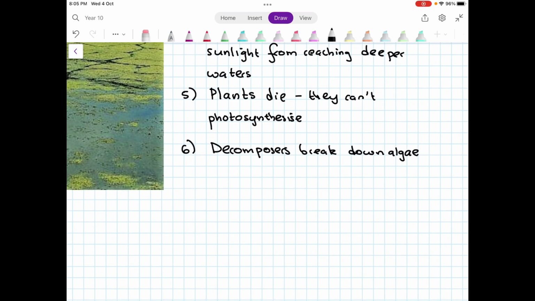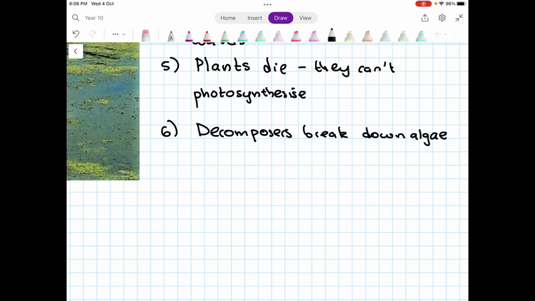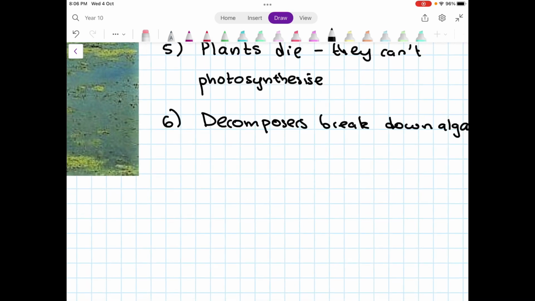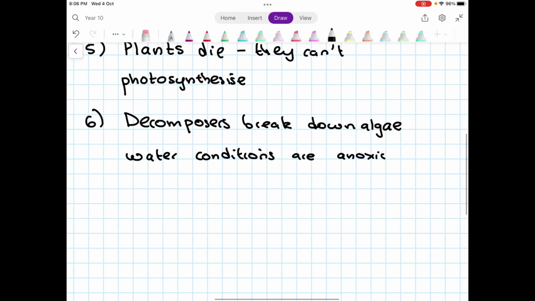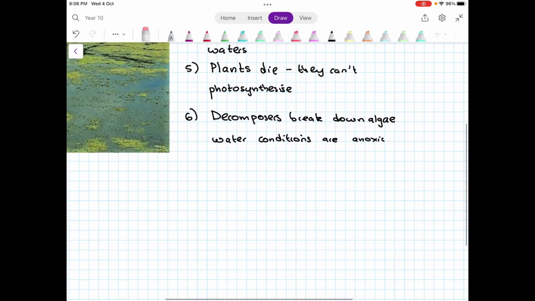So what this results in is that conditions in the water become anoxic. So decomposers break down algae, water conditions are anoxic. Anoxic just means absent of oxygen, that there is no oxygen left in the water.